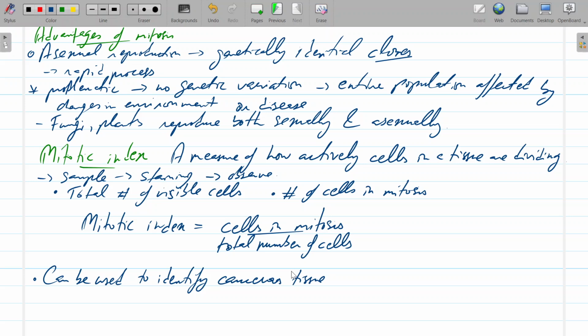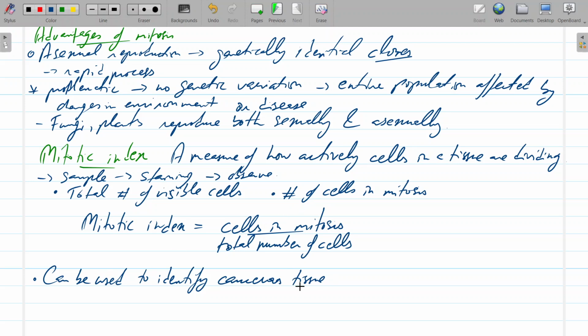So if a tissue has an abnormally high mitotic index, it has a lot of actively dividing cells, and especially when it shouldn't, that means it's probably cancerous.